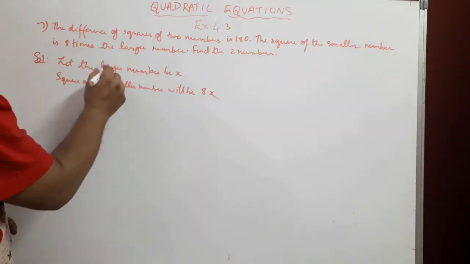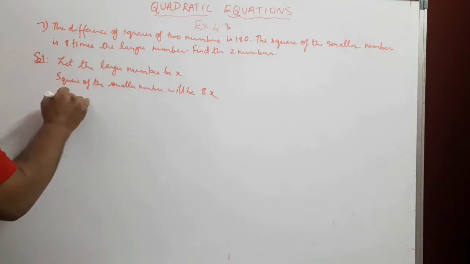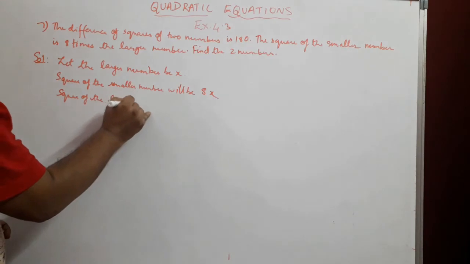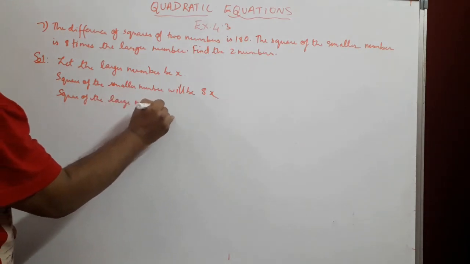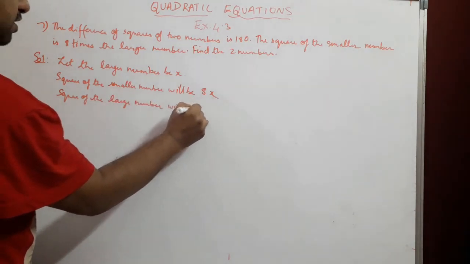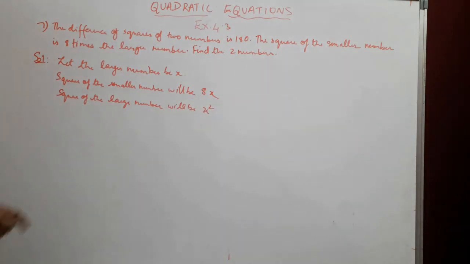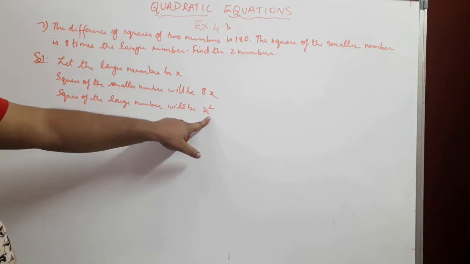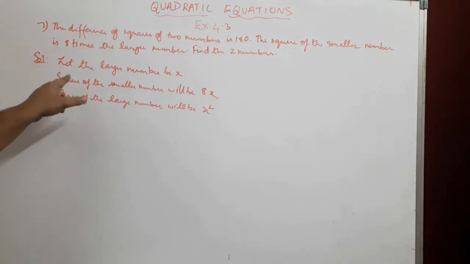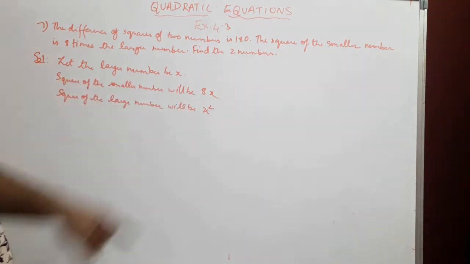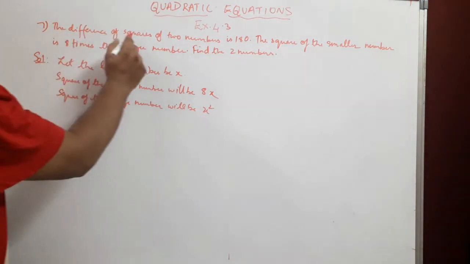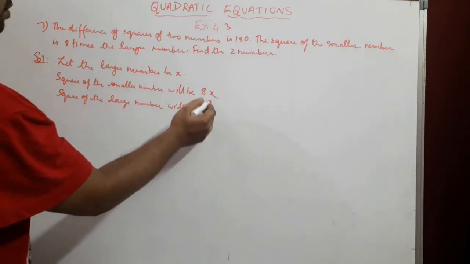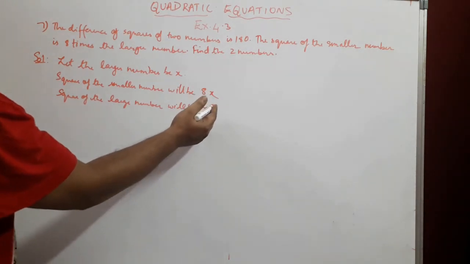Now, what will be the square of the larger number? It will be x square, right? So, if the larger number is x, the square of that number should be x square. And here we are given the square of the smaller number is 8x. So, as per our problem, we are given the difference of squares of the two numbers is 180. Now, we have got the squares of the two numbers and the difference is 180.